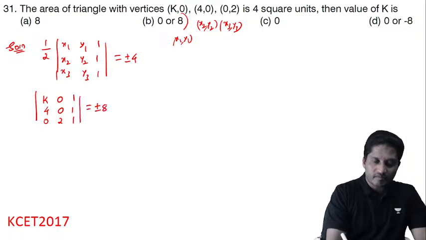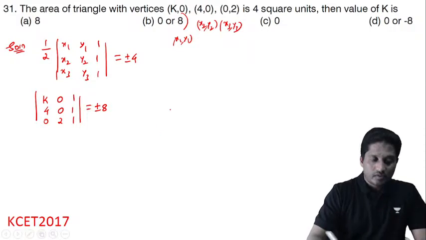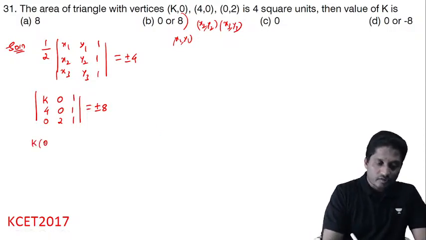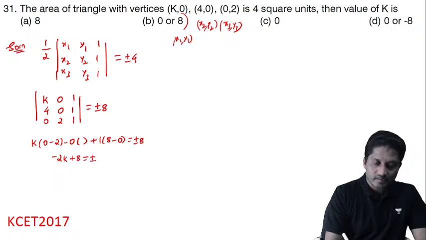If I cross multiply the 2, k into delete first row first column, you get 0 minus 2 minus 0, multiplied by the number is 0. Delete first row last column, 8 minus 0 is equal to plus minus 8. This is minus 2k plus 8 is equal to plus minus 8. From here I get two cases.